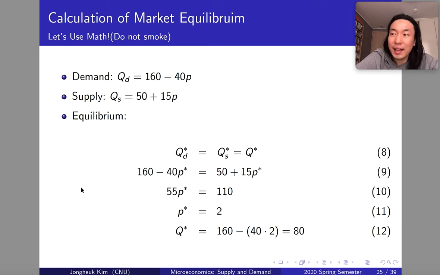But the problem is that I'm not sure we can do the exam in this situation. So I'm thinking about some alternatives for the midterm exam at least. I hope we can meet before the final exam, but I'm pretty sure that we cannot meet until the midterm exam. So I think the midterm exam should be replaced by another form, like homework or some report.